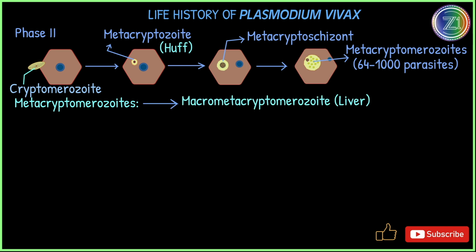Only the word macro and micro is going to come in front. The rest is the same, so it's not a very difficult term to memorize. Macro-metacryptomerozoites, and another one is micro-metacryptomerozoites.